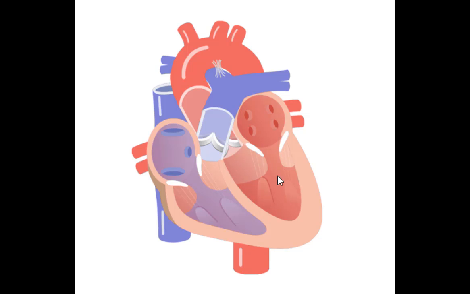Because the pressure in the ventricles then drops during diastole, the pressure in the arteries is greater, so to stop blood flow from going backwards into the ventricles, the semilunar valves close. But now, because the pressure in the ventricles is quite low, the AV valves can reopen and the heart can fill with blood again. So let's have a look at that.